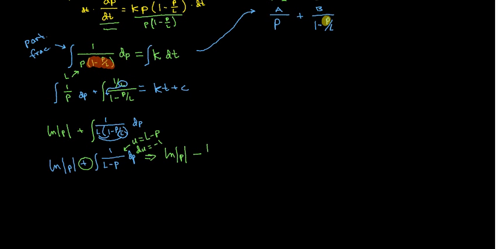Natural log, since this whole thing down here became a u, it's going to be the natural log of what u was, L minus P. And we took both our integrals. Now you have to remember, I've got some chicken scratch here. This whole thing equals, still on the right, kt plus c.